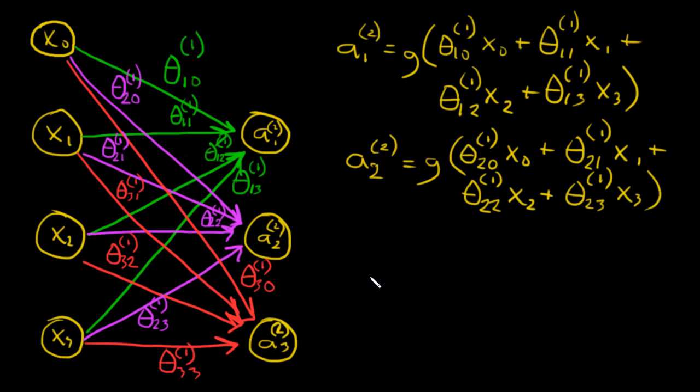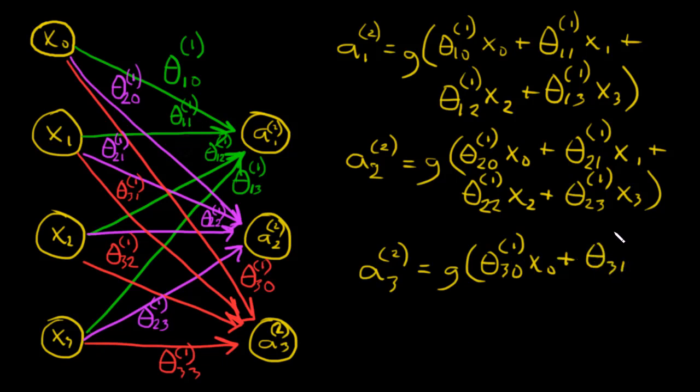Okay? And finally, a sub 3, layer 2 is going to be sigmoid applied to the very first one, that weight is 0, 3, so theta 0, 3 times x naught plus theta 1, 3 times x sub 1 plus theta 2, 3 times x sub 2 plus theta 3, 3 times x sub 3.